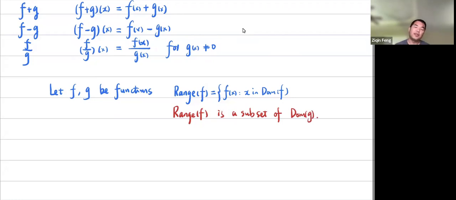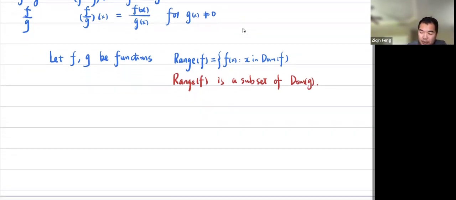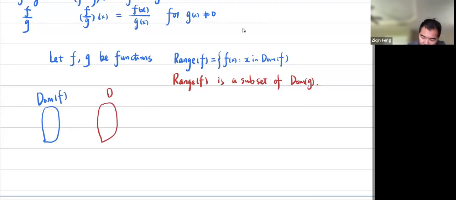So whenever you have something in the domain of f, you put it into f, you get a function value, which is f of x. Then f of x is in the domain of g, being a subset of it. If you try to visualize it, suppose this is the domain of f, and the middle part is the domain of g.